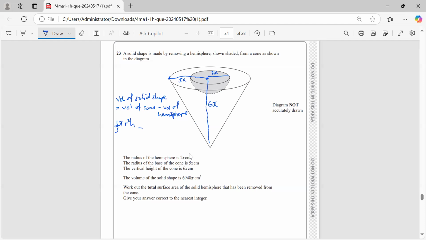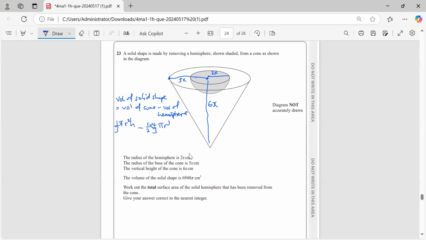And for the volume of a hemisphere, since the formula for the volume of a sphere is 4/3 pi r cubed, you have to halve it, so you multiply by half since this is a hemisphere.